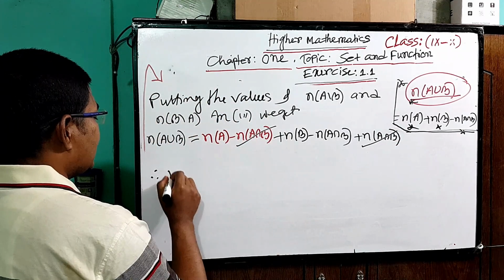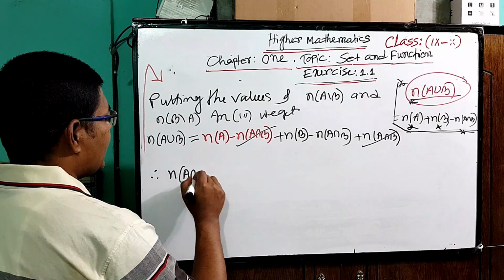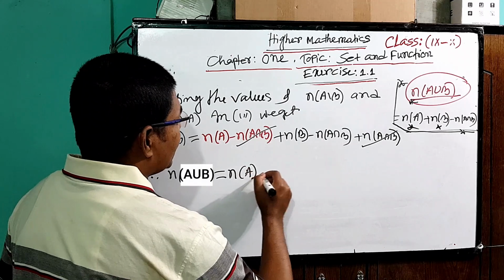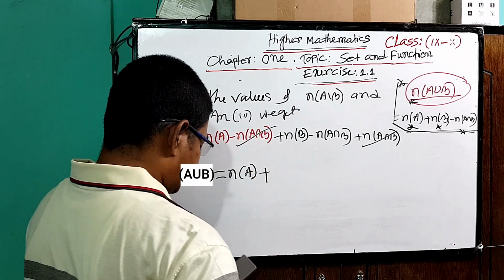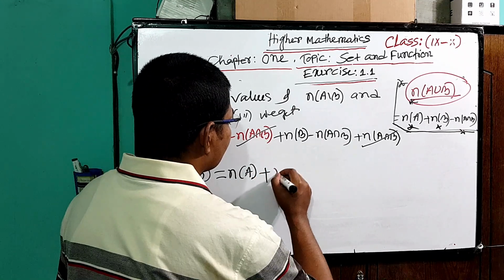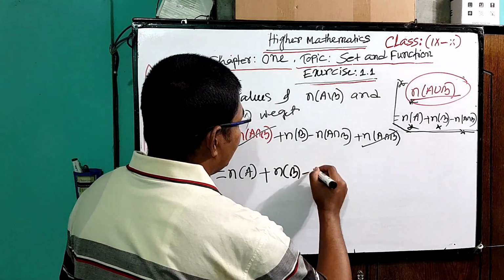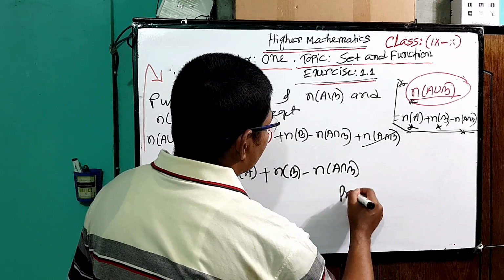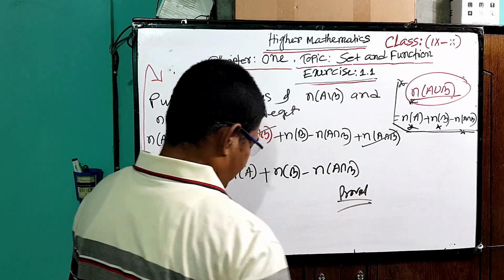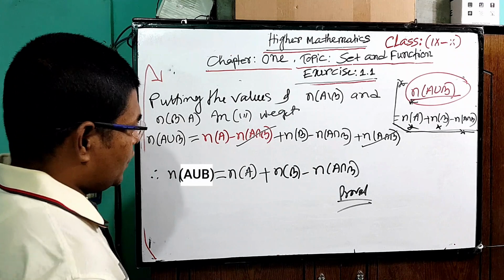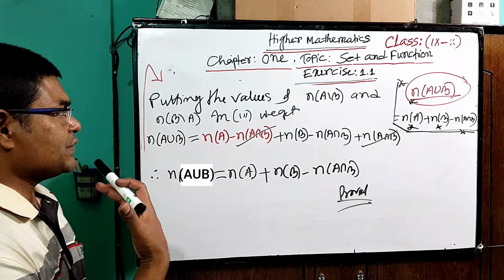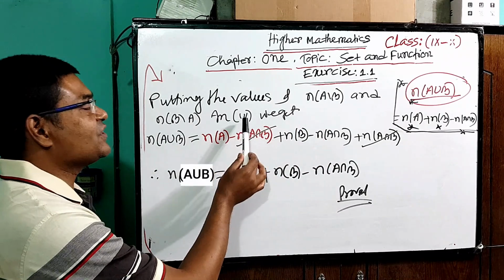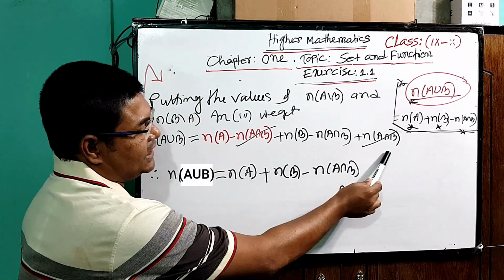Therefore we get n of A union B equal to n of A plus n of B minus n of A intersection B. So follow the board, just putting the values of this and this in 3, we will get this line.